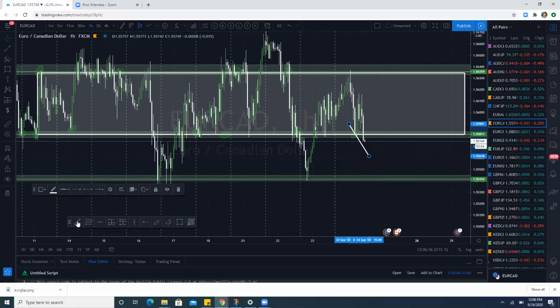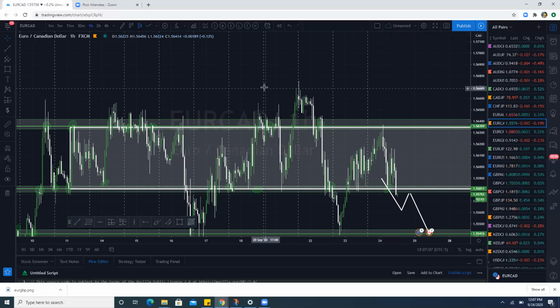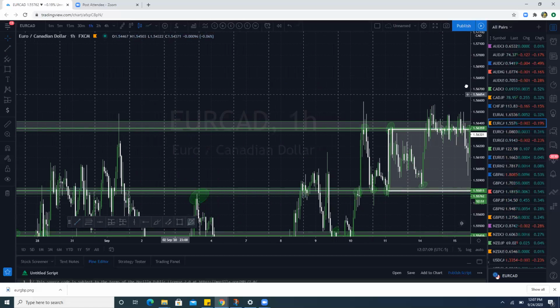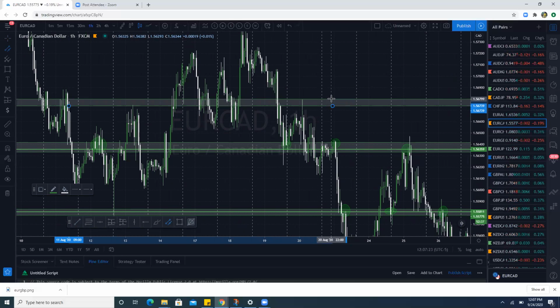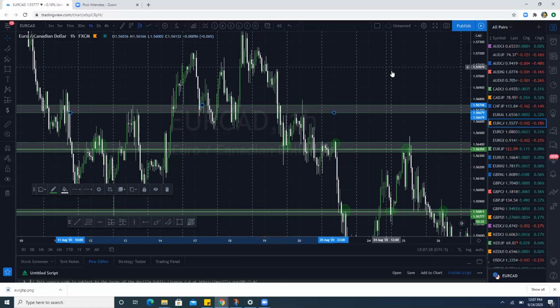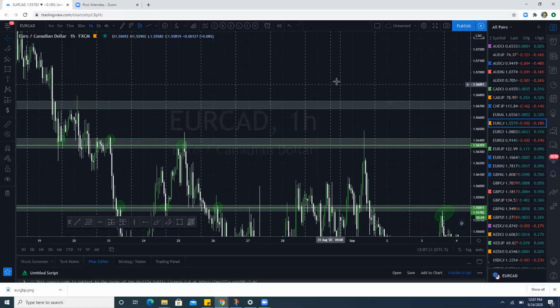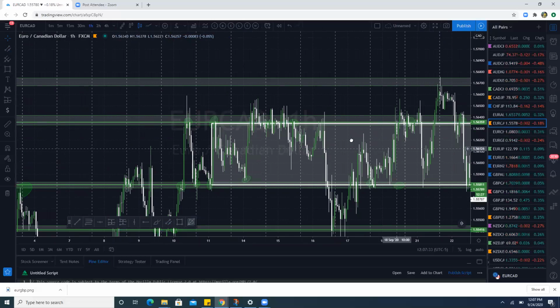Either it's going to go down like that, and then correction, and go down to the next zone, or, let me see if I can find a zone real quick above it. Here we go. Or it's going to go up and then correct to the zone that it just broke and then continue on to the next zone. There we go. That looks better. Continue on to the next zone.